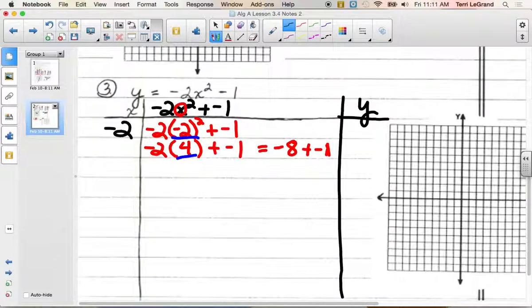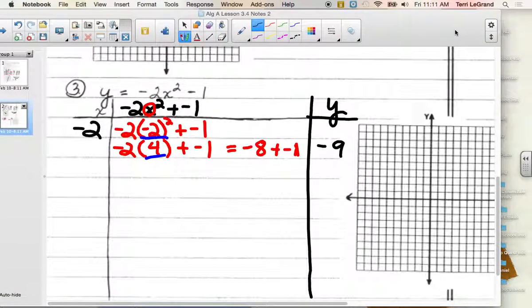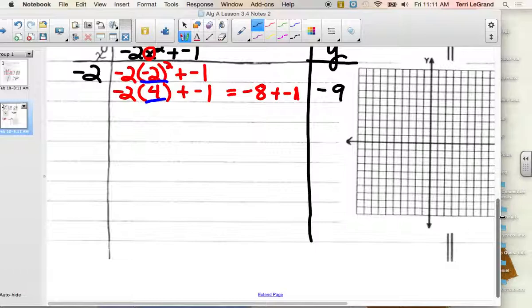What's -8 plus -1? -9. Okay. Don't really have room to write our ordered pairs there, do I? So let's just go up above here and write our ordered pair. We have -2, -9.